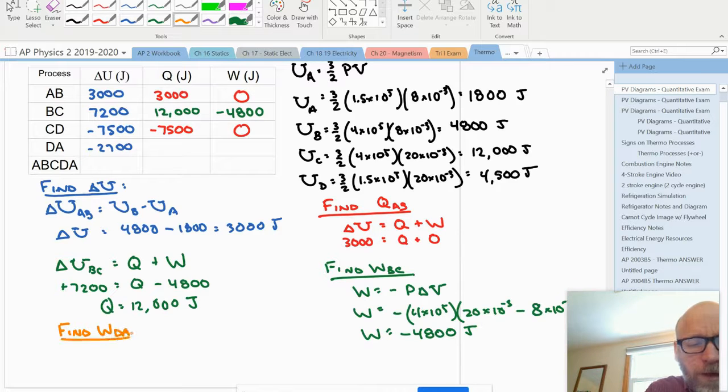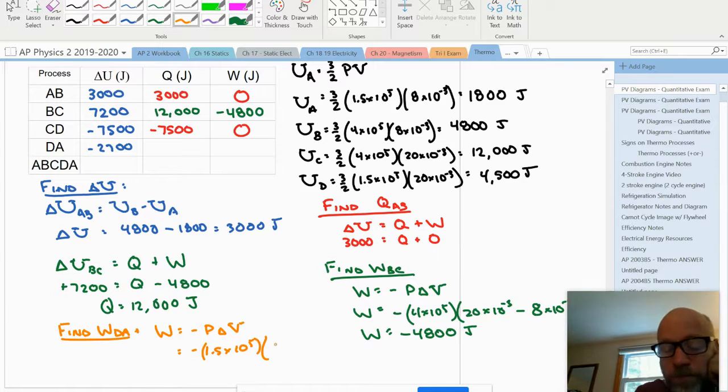So to find the work from D to A, work equals negative P delta V. That pressure times the change in volume. The change in volume is going to be, I'm running out of room here, 0.08 minus 0.20. Right, I just converted to meters cubed there.